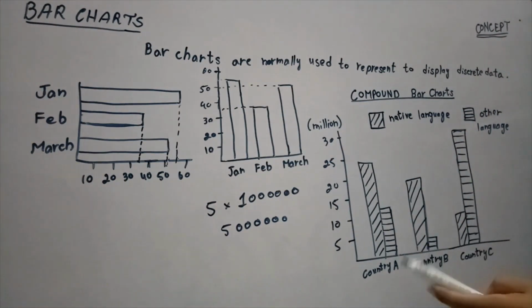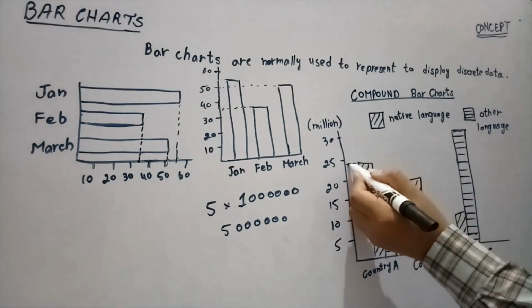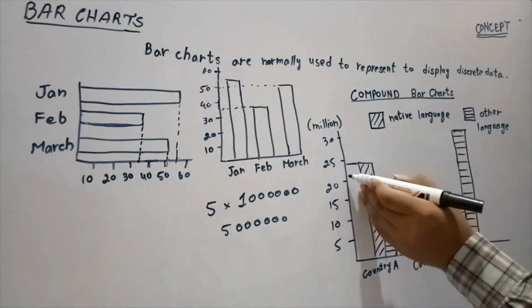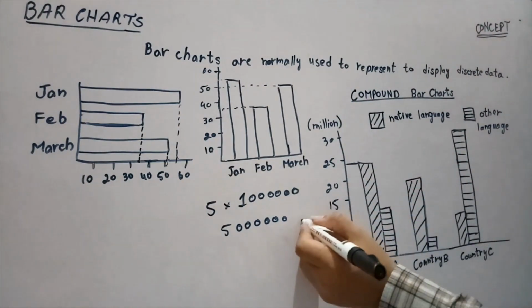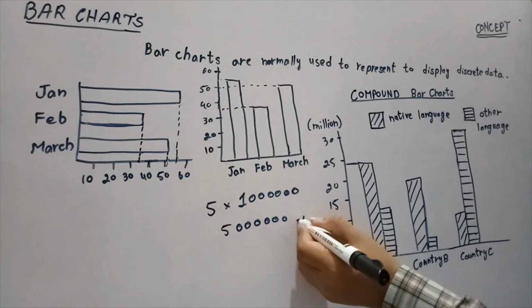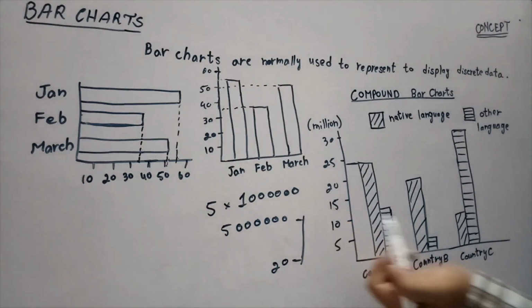So in country A, you can see it is almost 28, sorry, not 28. Here we have 21. Here we have 20, here we have 25.